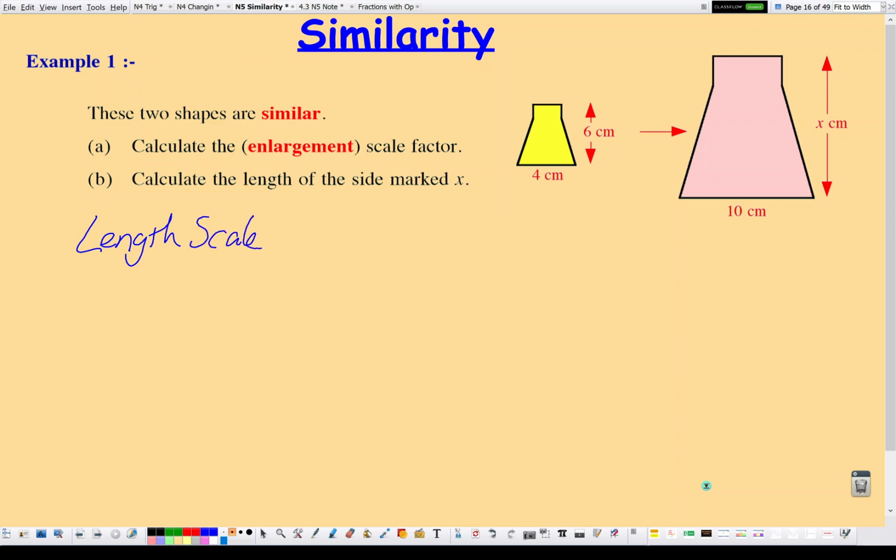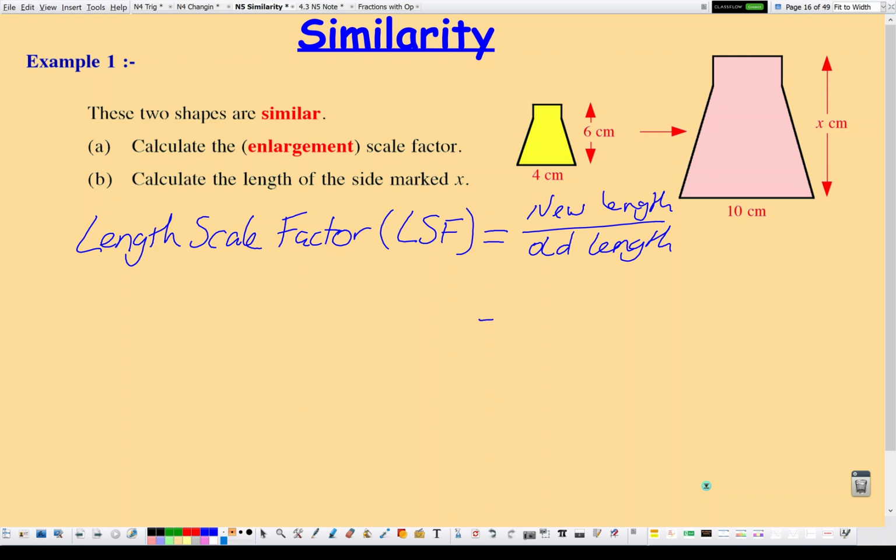Again, just watch me do this just now. The length scale factor, which we are going to shorten to LSF: all we do is take the new length and divide it by the old length.